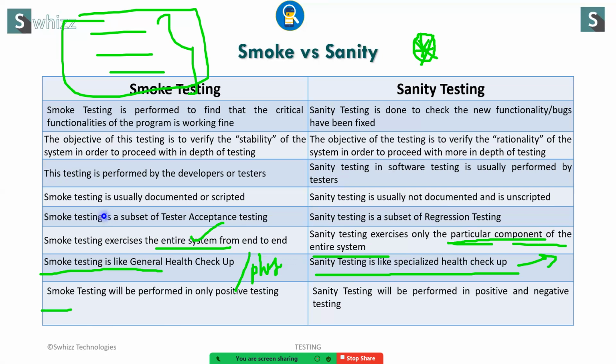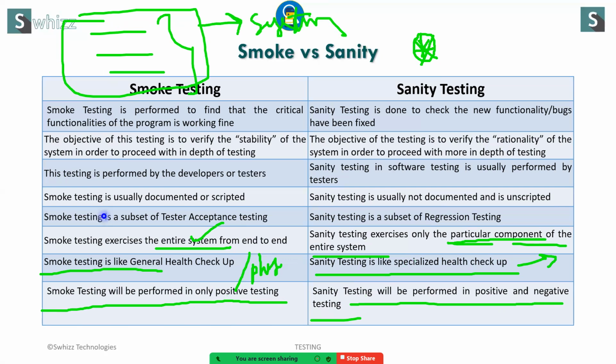Okay, so smoke testing is performed with positive testing only. Sanity testing is performed with positive and negative testing also. Positive means, first, to accept this build for system testing, to perform in-depth testing, you first check whether it is stable or unstable.